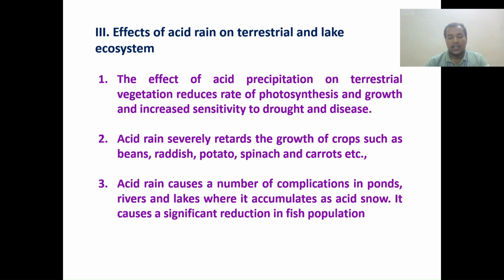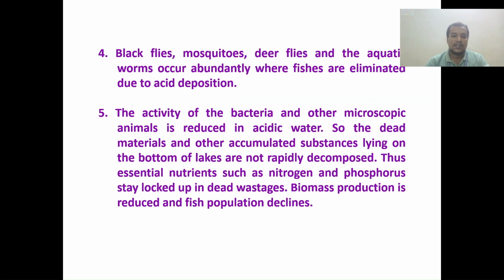Acid rain severely retards the growth of crops such as beans, radish, potatoes, spinach, and carrots. It also causes a number of complications in ponds, rivers and lakes, where it accumulates as acid snow. It causes a significant reduction in fish populations.